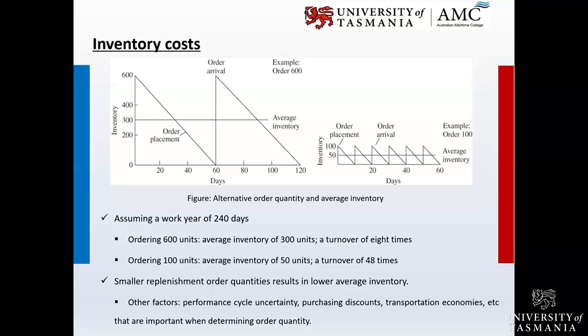So it is the turnover. So you can get the conclusion: smaller replenishment order quantities result in lower average inventory. Lower average inventory will result in lower inventory carrying cost.